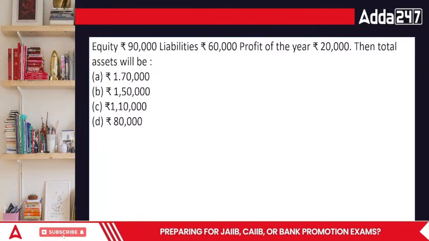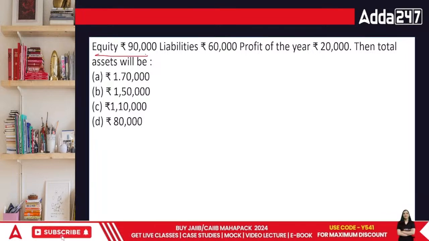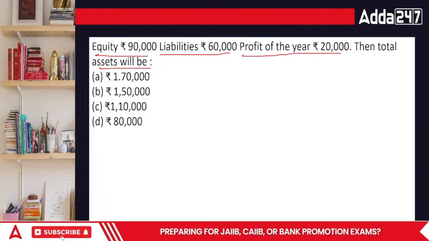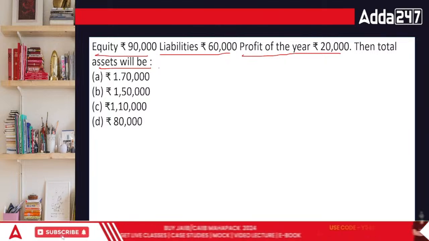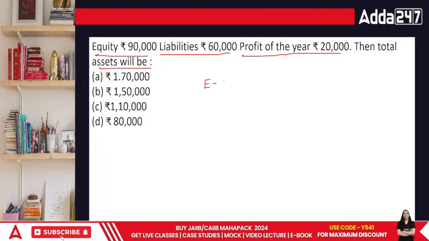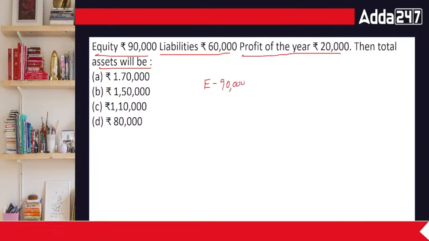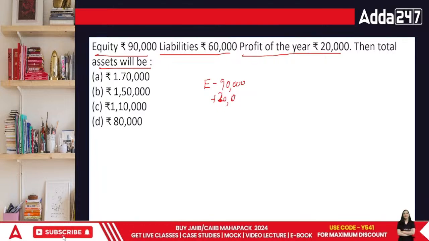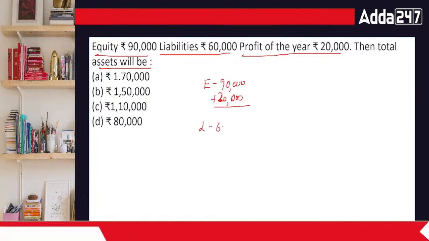Next, a very important data to cover. Equity is 90,000, liabilities are 60,000, profit of the year is 20,000. Then the assets would be what? Now this is another interesting question. Equity 90. Profit would be included for the shareholder funds, 90 and 20, and liabilities are of 60,000.